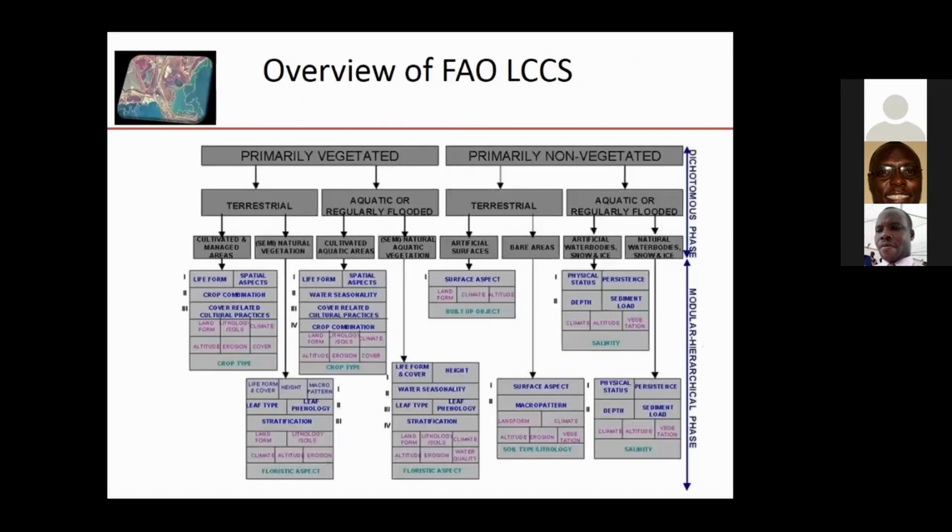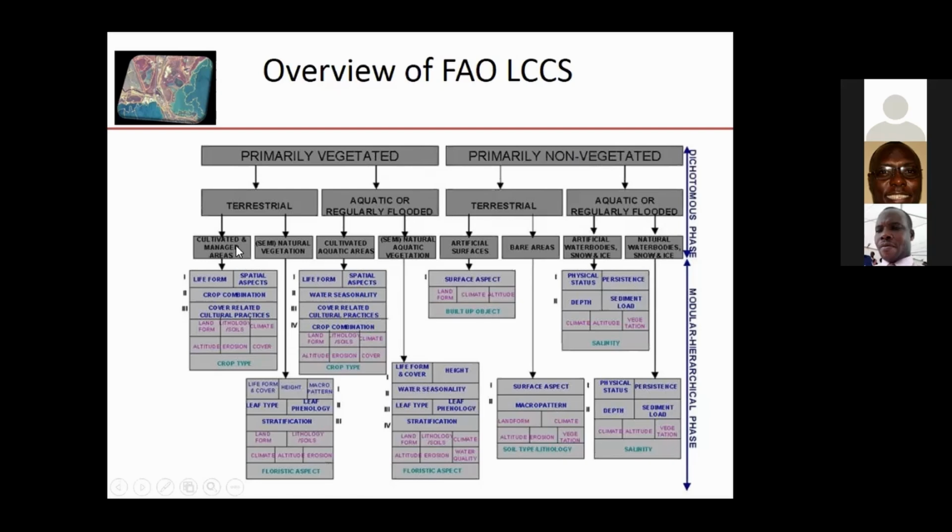So here is an example of the FAO land cover classification scheme that I've been talking about. This is being used basically in Africa, and we have classes being defined as either vegetated or non-vegetated. For example, if it's vegetated, is it terrestrial or is it aquatic?